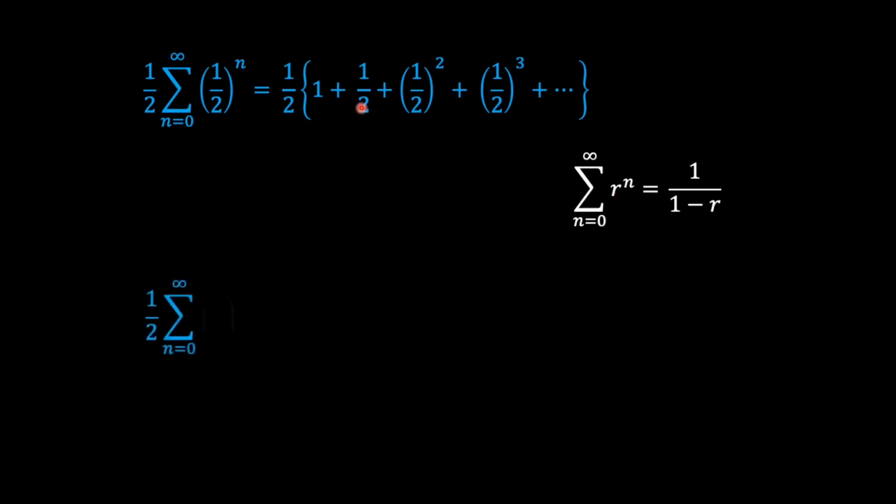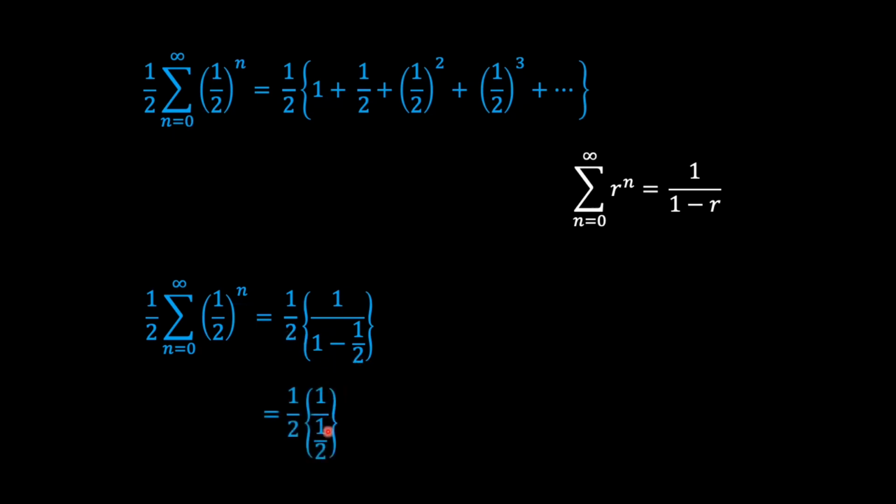So in brackets here, we have the initial term 1 over 1 minus the common ratio half, times a half outside. So this is a half times 1 over half. And so this is a half times 2, which equals 1. So the summation indicated by blue is 1.